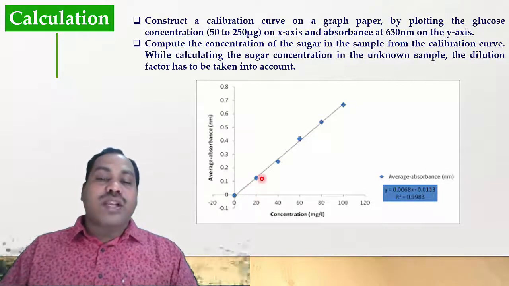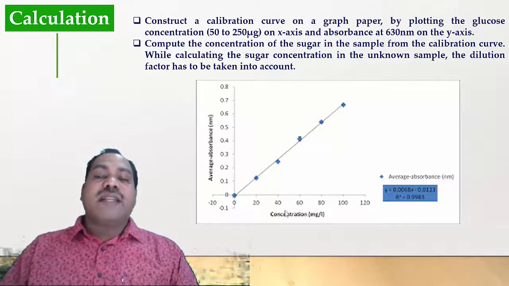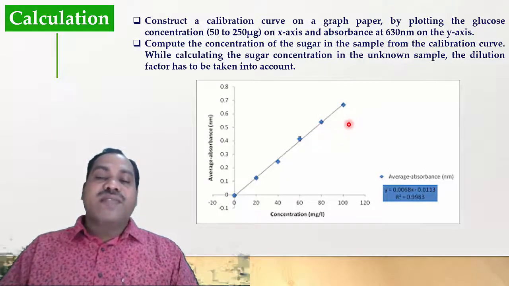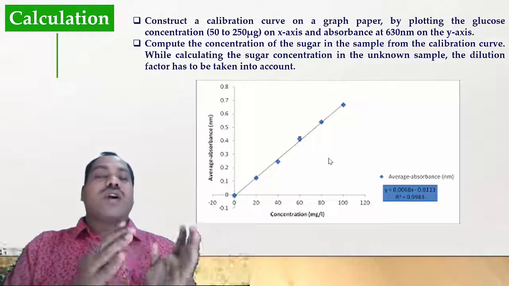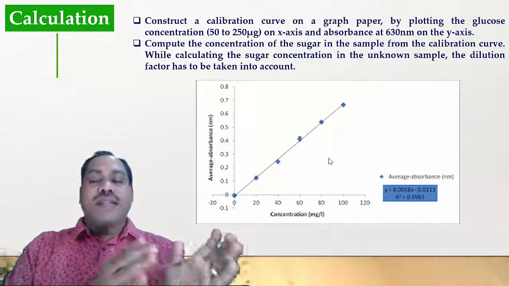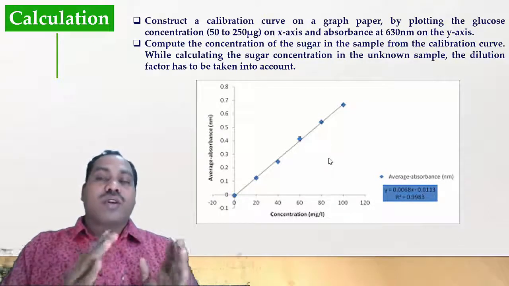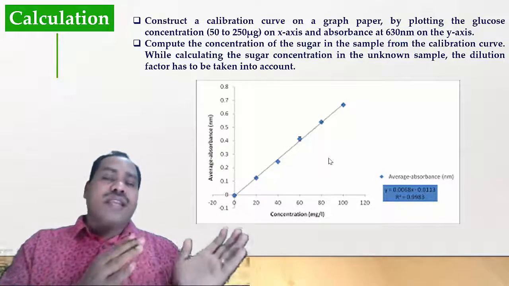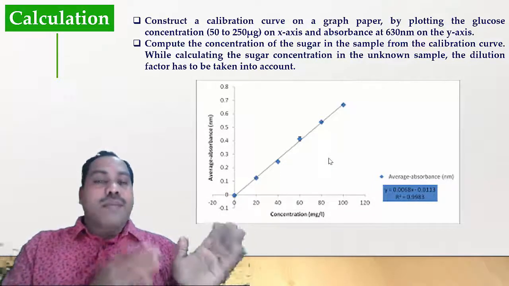This epsilon value is calculated as epsilon equals absorbance divided by concentration. At each point we calculate the epsilon, then the average epsilon is calculated, and by taking this average epsilon value we can calculate the concentration of carbohydrate in the unknown sample. Absorbance divided by the epsilon value is the concentration of carbohydrate present in the unknown sample. In this way we can calculate the amount of sugar or carbohydrate present in the given sample.